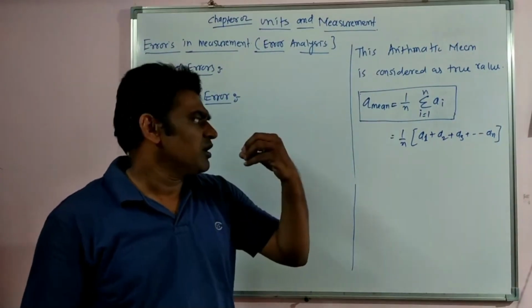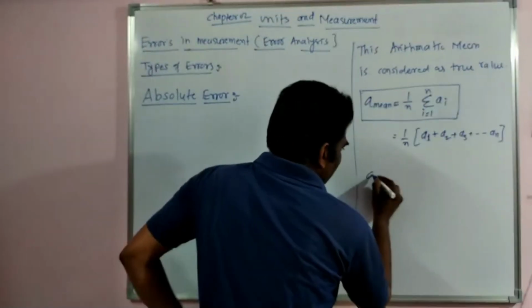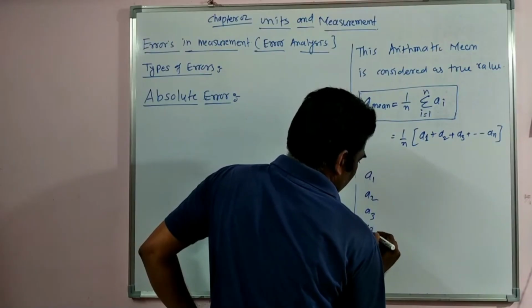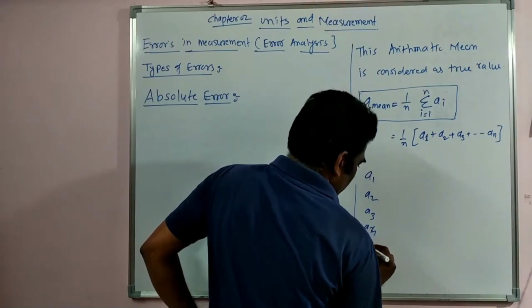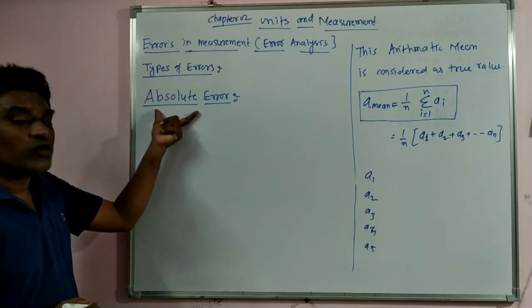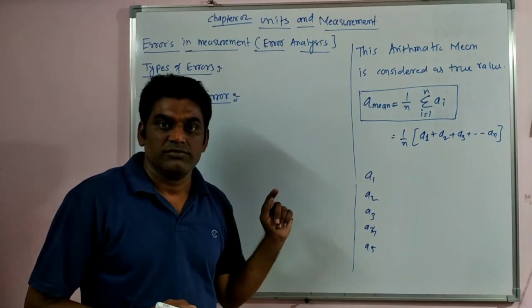Let us assume 5 readings are taken. So let us say A1, A2, A3, A4, A5 like this. So absolute error can be calculated in each reading.